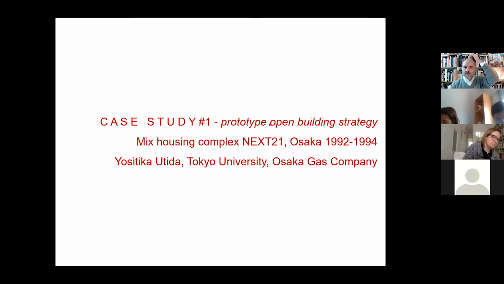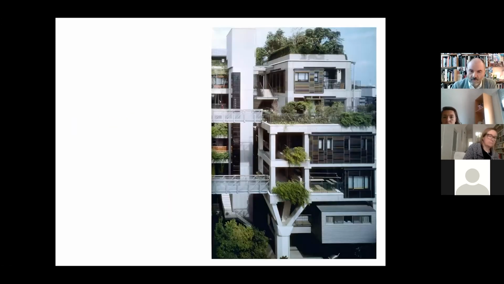So the first case study is the Next 21 building in Osaka. It's quite famous, quite well published. Unfortunately, the only monograph that exists is in Japanese, with no translation. So I had some problems in working on this book, but in the end I got it.